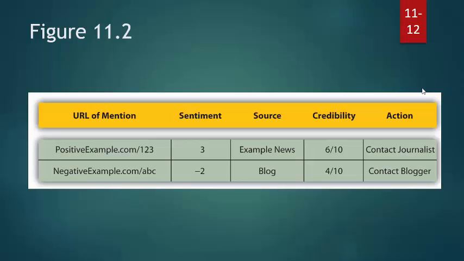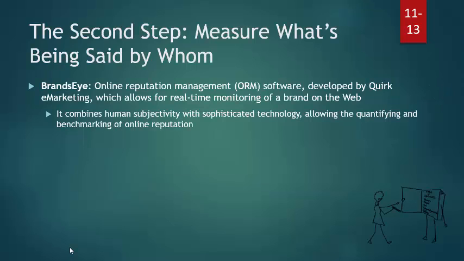As you can see from this slide, it looks at some human subjectivity and combines that with some different technology so that you get some kind of quantifiable output and something you can do then to follow up on, or whether you need to follow up on, and who to contact.